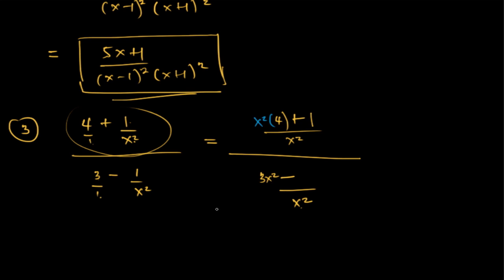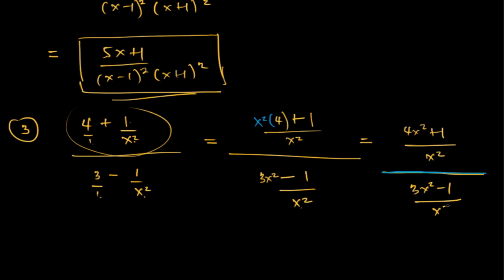Then minus x² divided by x² is 1 times negative 1, so we have this. So when we simplify this, 4 times x² is 4x² plus 1 divided by x², then all divided by 3x² - 1 divided by x².